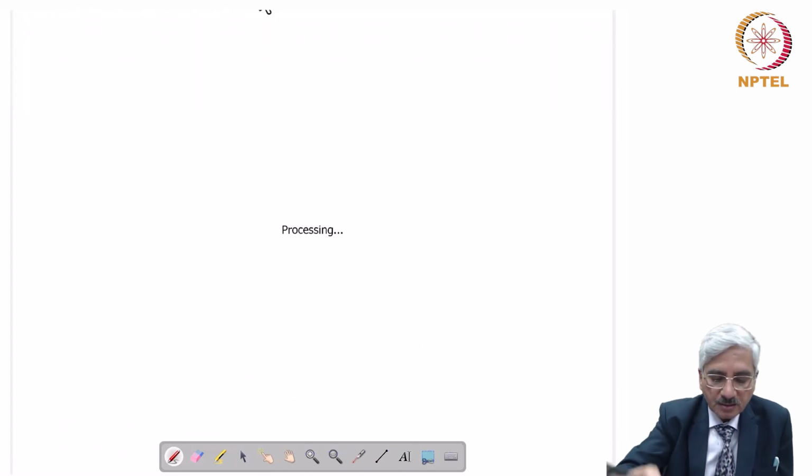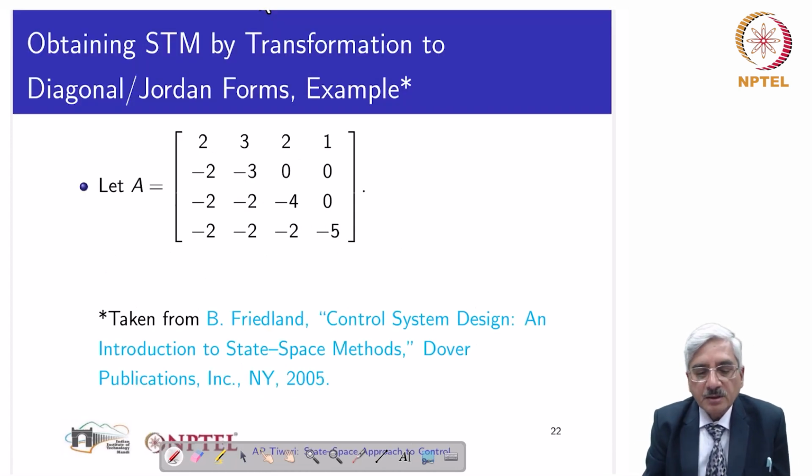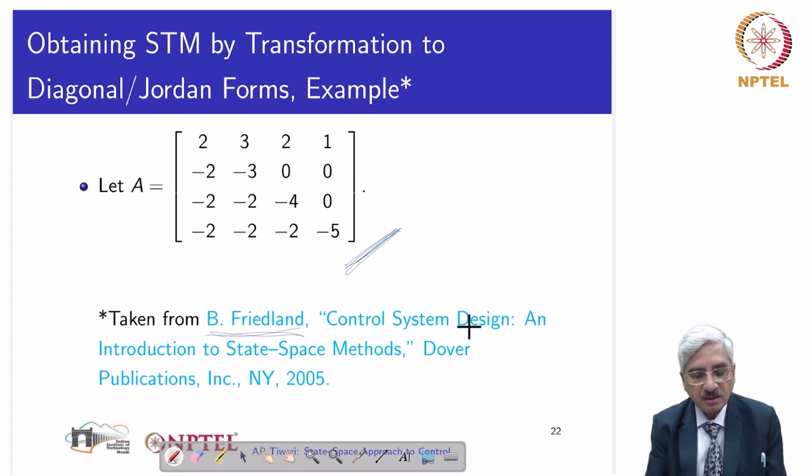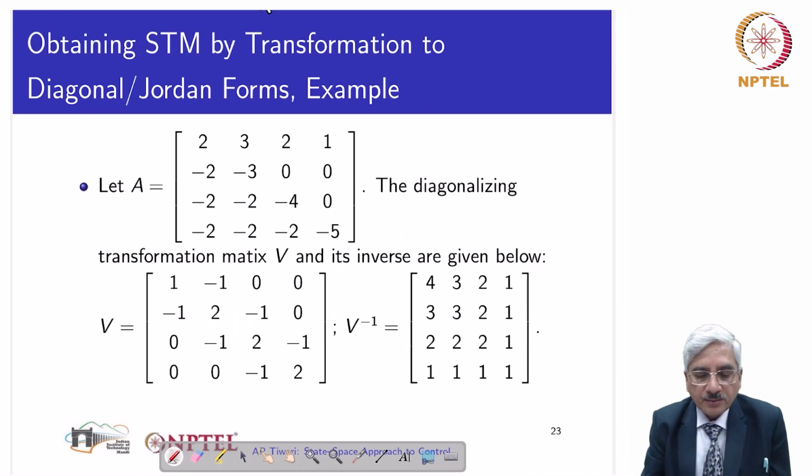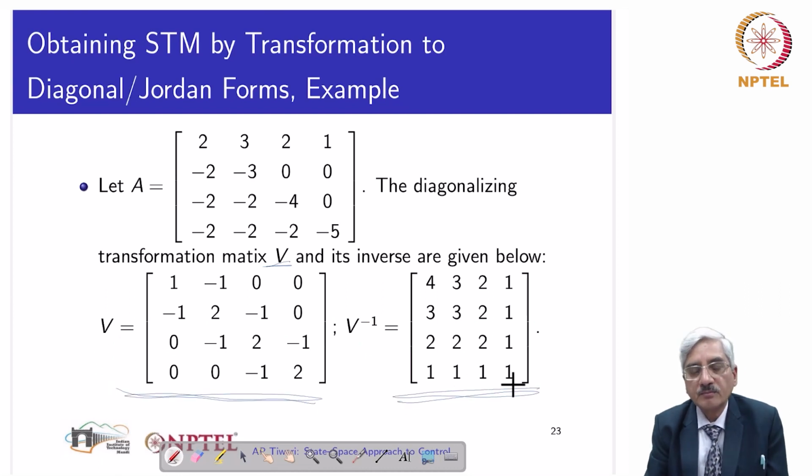This is demonstrated by an example, a fourth order example. This system matrix I have taken from the textbook by B. Friedland, Control System Design: An Introduction to State Space Methods, 2005 edition. The diagonalizing transformation matrix is this, and its inverse is this.